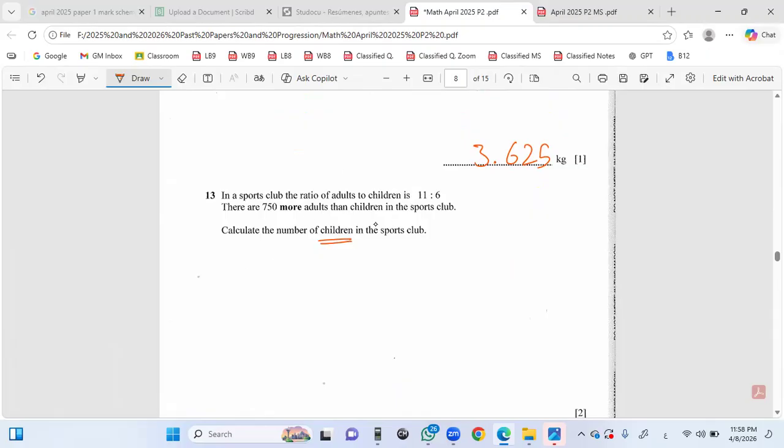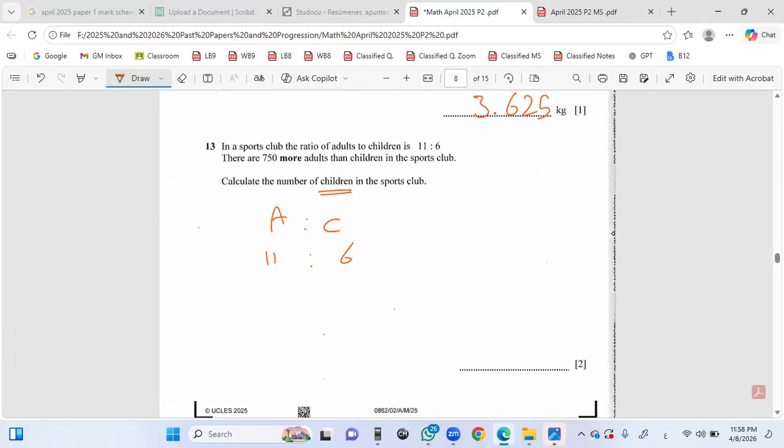So adults to children is 11 to 6, but I don't know any other information. I know that the difference between them is 750, right? So I'm going to say that this is 11x, this is 6x.